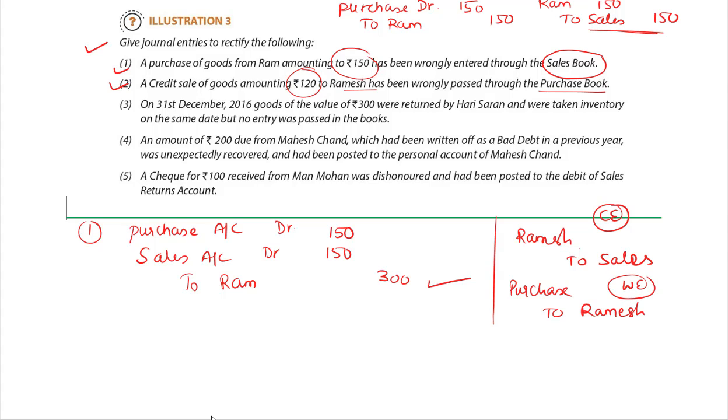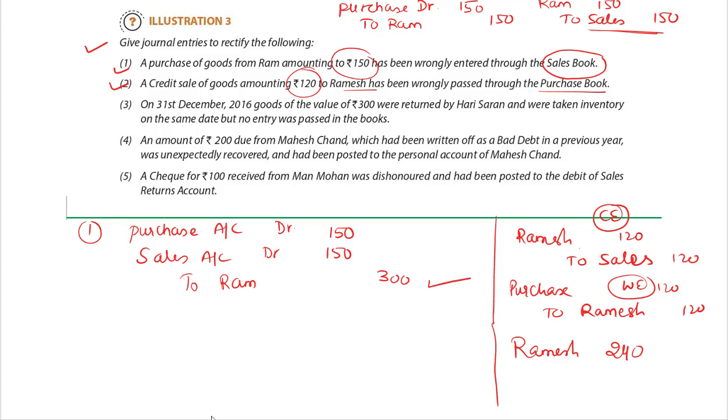Now we will see the rectification entry. How will we rectify? We should debit Ramesh over here. It is 120. So 120, Ramesh should be debited. By mistake we have credited it, so by double the amount we should debit it. That we have done.